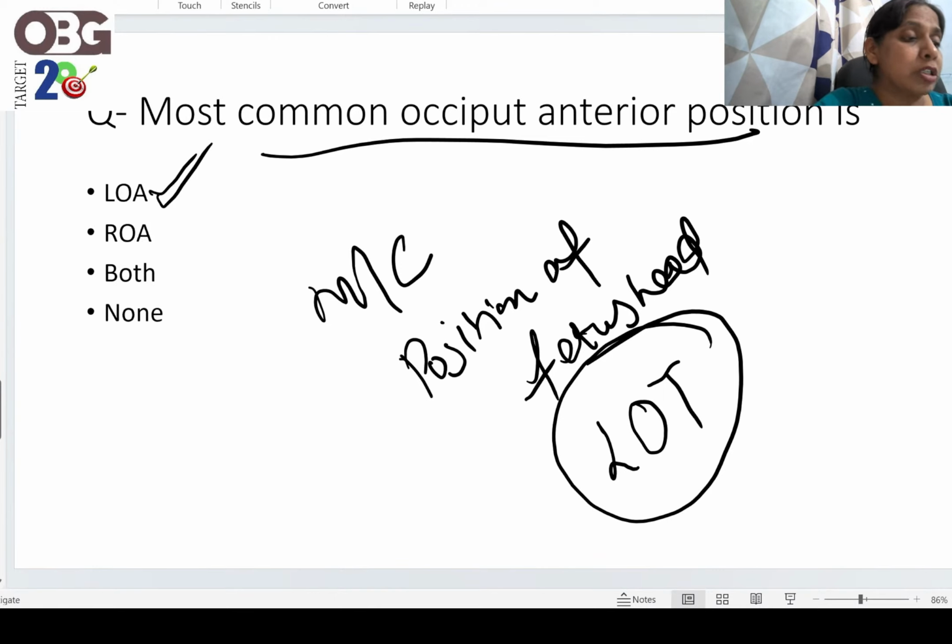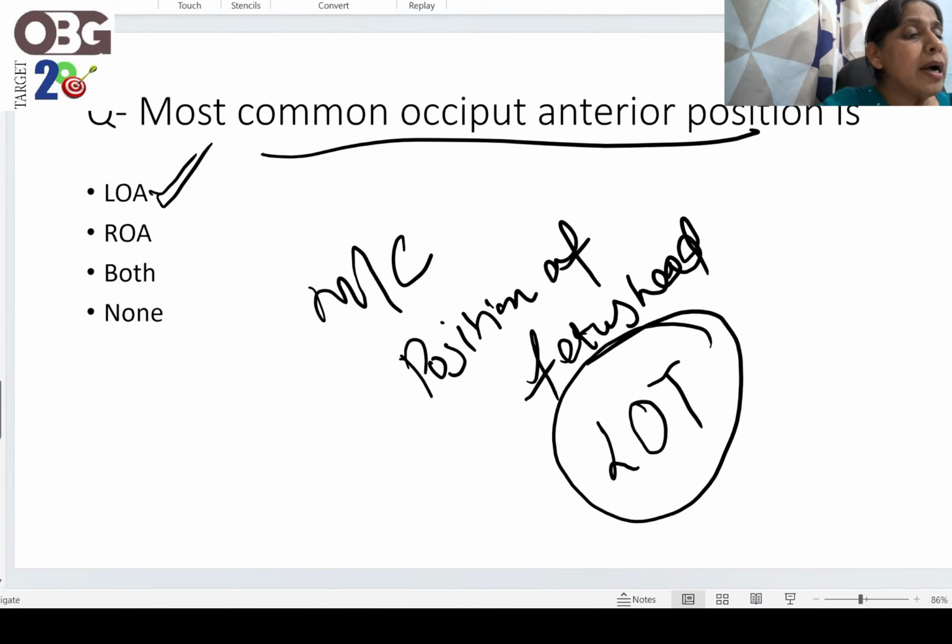Okay? Okay, Dr. Kavita, Dr. Prashant, please make your concept clear. It is left occiput transverse. Occipito posterior is a malposition. Dr. Praveen, vertex is the presenting part.